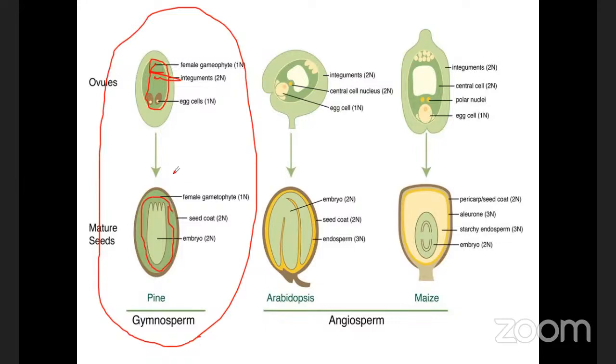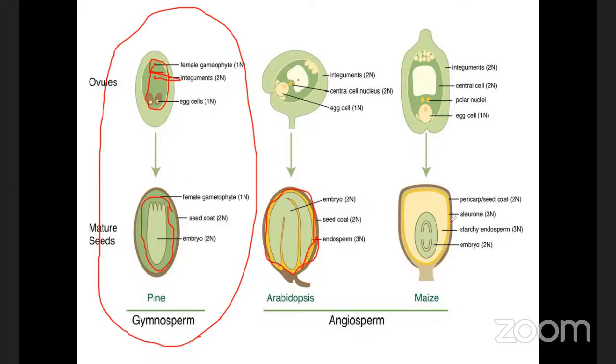But in angiosperms, as I told you, the polar nuclei, that means the central cell nucleus at 2N stage, fuse with the second male gamete, so that it forms the endosperm layer. You see the endosperm layer, endosperm formation after fertilization by triple fusion.